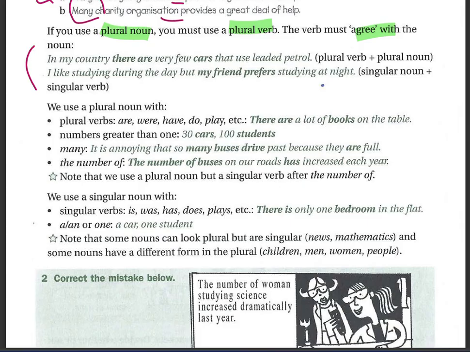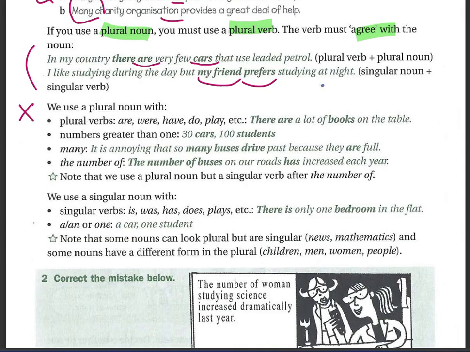In my country, there are very few cars that use little petrol. There are few cars. So, because it's plural, my verb is plural. Number 2, I like studying during the day, but my friend prefers studying at night. My friend is one person, it's singular, so the singular verb prefers.